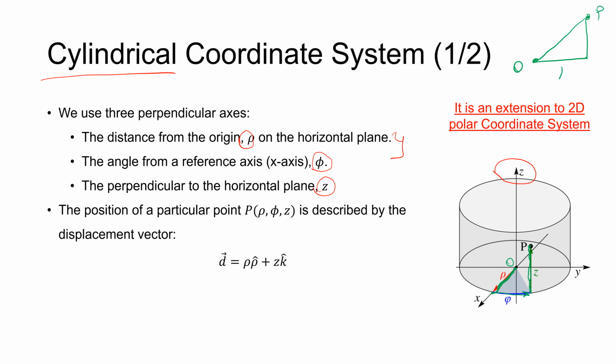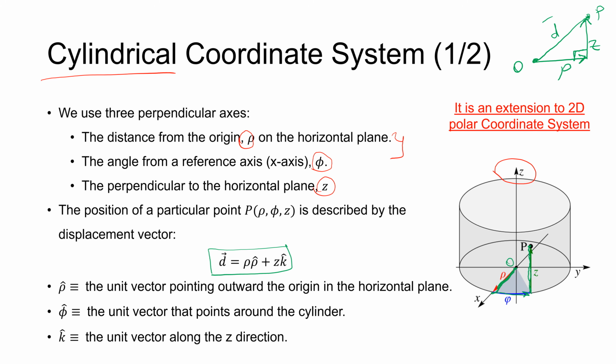After rotation, this becomes my rho, and we are perpendicular with the z direction. Now our D is here. We know this one is the position here, this one is the position here. So from vector calculus we understand that we can get this relation. The vector D will be just rho multiplied by the rho direction plus z multiplied by the k direction.